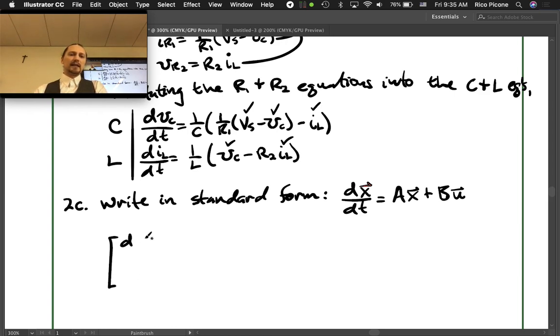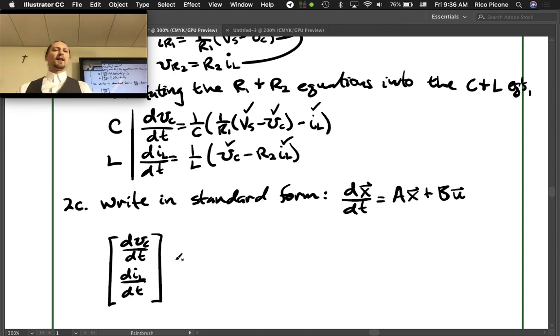So I will write dVc dt, and then dIL dt. So this is the time derivative of the state vector, right? So the state vector was Vc, IL. Take the time derivative of a vector, you just take the time derivative of each of its components, right?